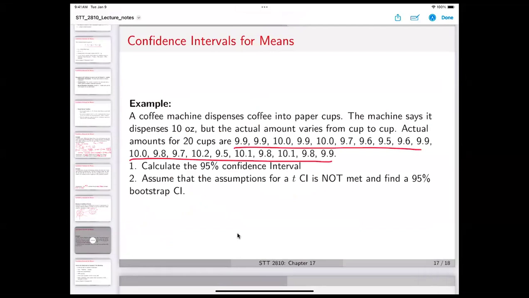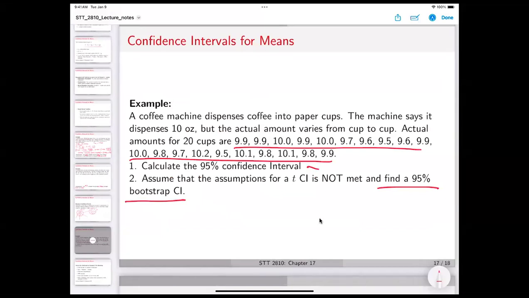Let's assume that the conditions for t are not met, so let's find the 95% bootstrap confidence interval. For part A, that is what we've done already, an example in your homework, so let's ignore this one. Let's do 2 and find the bootstrap 95% confidence interval for that.